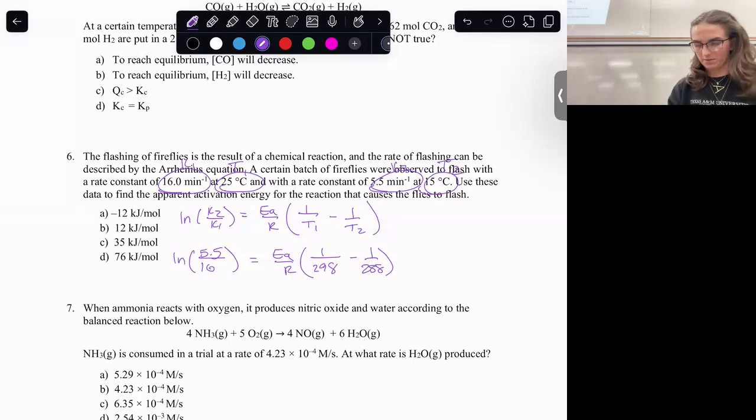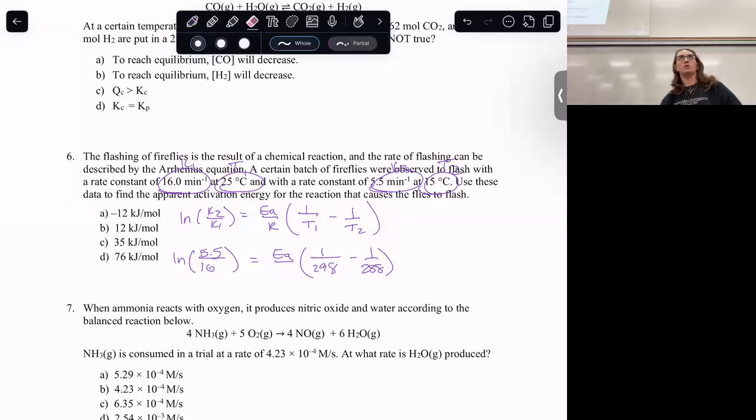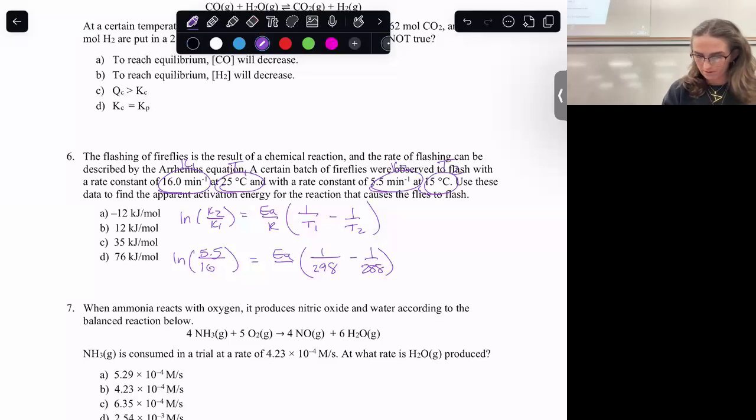And what R are we using? So we're going to use the one that's 8.314 because this is in joules per mole Kelvin. So we want that energy component, right? We're solving for an activation energy. We need the R that shows us our energy units.